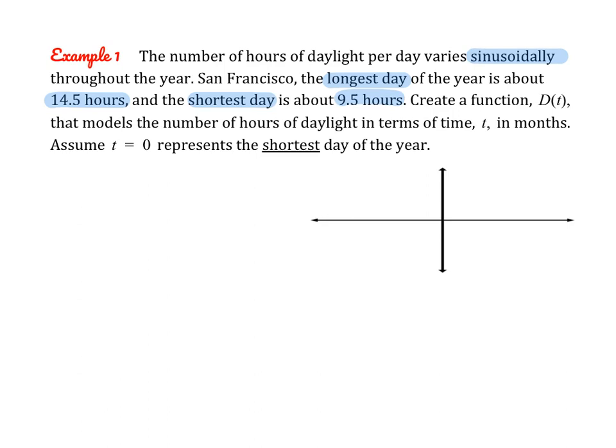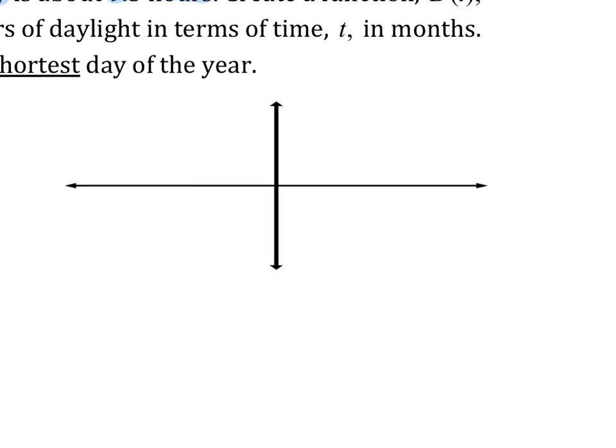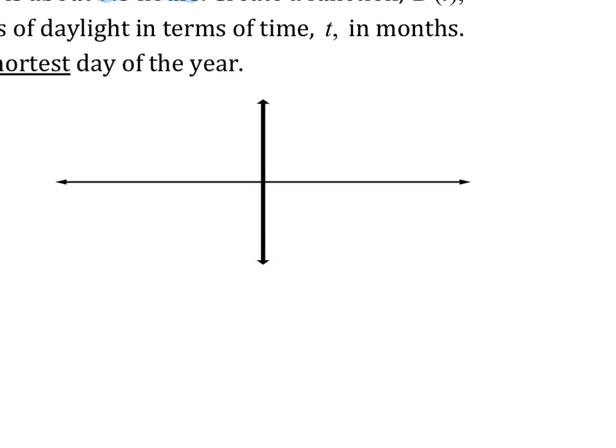For these, it can be useful to sketch a graph, and when we do that, it can also be really useful to label what our x and y values represent. So I'm going to zoom in on my little graph here. Remember that our x-axis represents time in months, and our y-axis represents the hours of daylight per day.